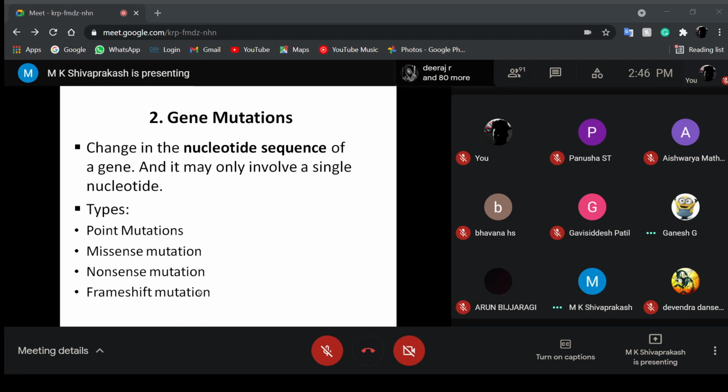Okay. The next topic is gene mutations: a change in the nucleotide sequence of a gene, which may involve only a single nucleotide. The types of these mutations are point mutations, missense mutations, nonsense mutations, and frame shift mutations.